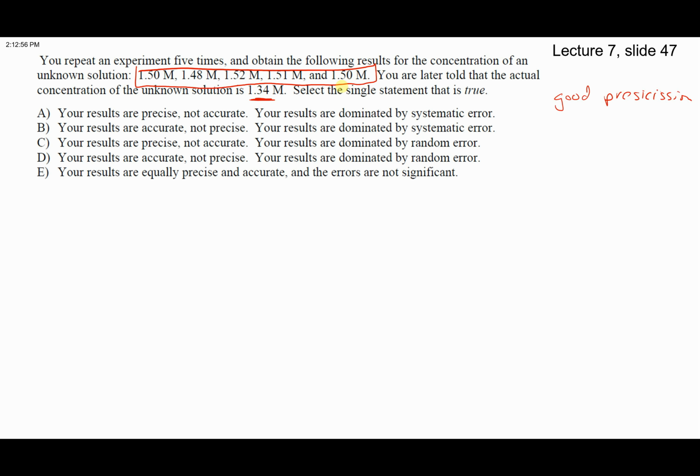Now, the average of these, 1.52 and 1.51 would average to 1.50. 1.48, 1.50. The average would be a little bit below 1.50, but the real answer is 1.34. We've missed the target. We're going to say that's poor accuracy.